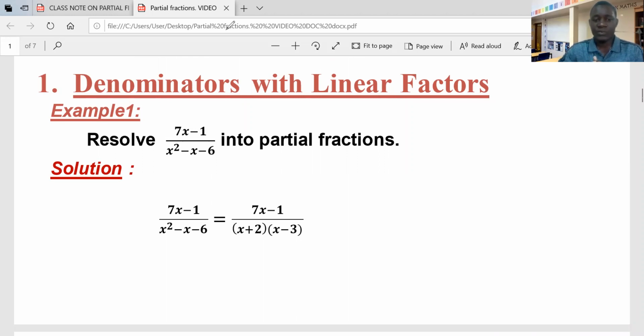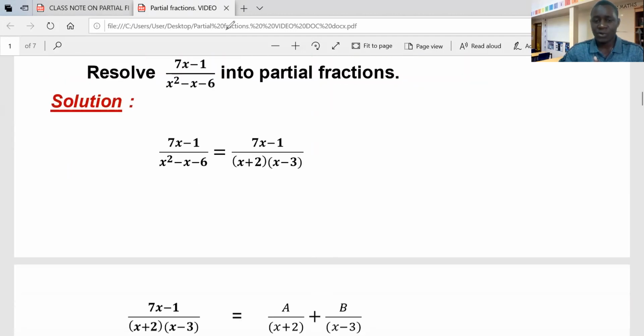The question says resolve 7x minus 1 over x squared minus x minus 6 into partial fractions. Now the first thing I have to think about is, if this fraction has a denominator that is quadratic, is it factorizable? Oh yes, it is factorizable. So I have to rewrite it in this manner: 7x minus 1 over x plus 2 multiplied by x minus 3.